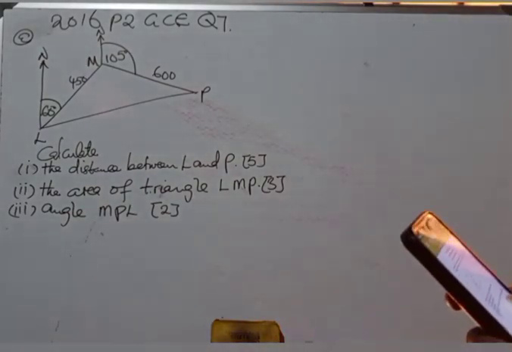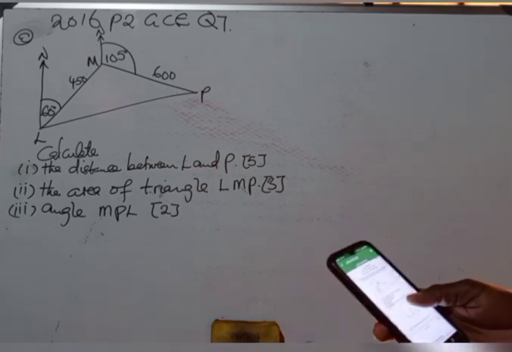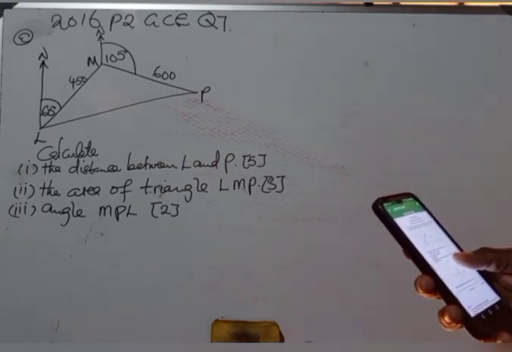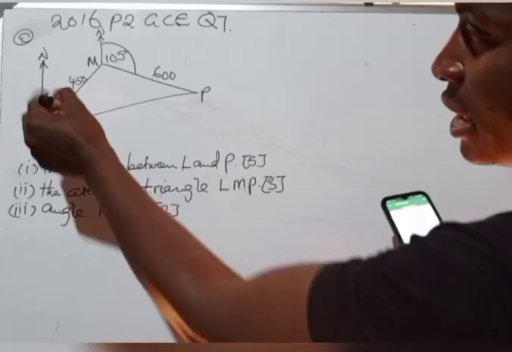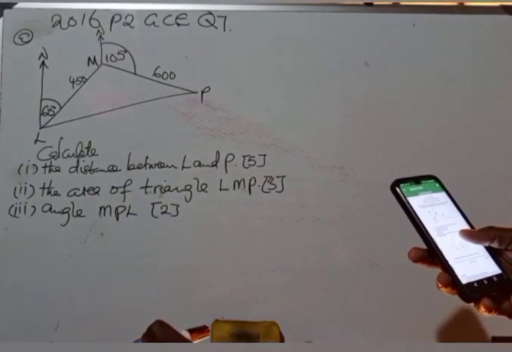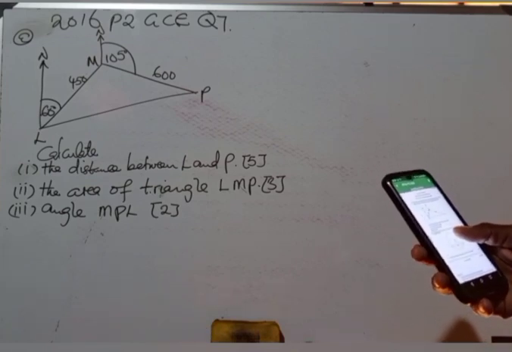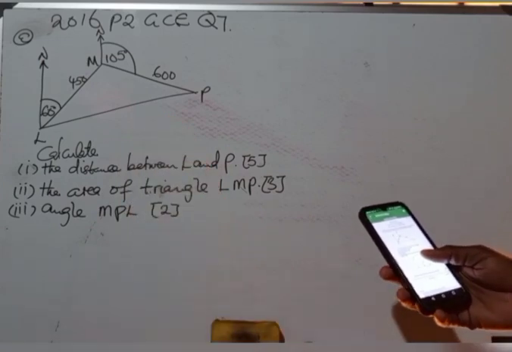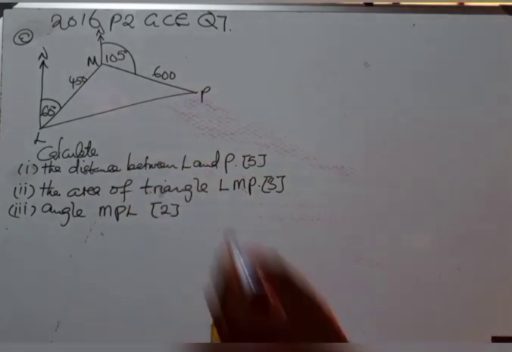Then M is on a bearing of 060 from L. This is the bearing of M from L. Then P is on a bearing of 105 from M. So that is the bearing of P from M, which is 105, this one.